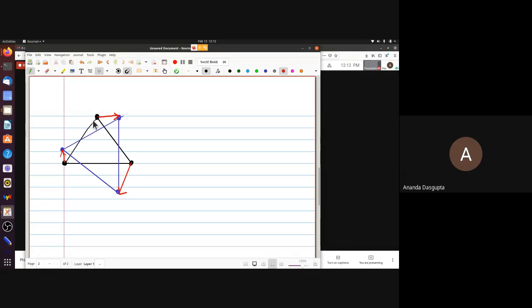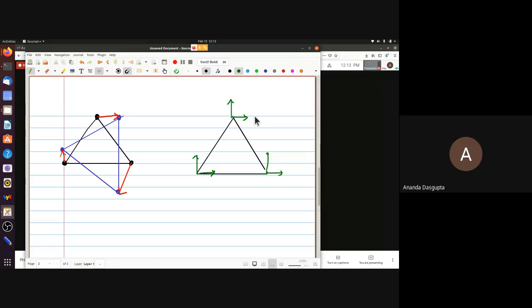Like this corner, the atom in this corner is getting displaced by this much, the atom in this corner is getting displaced by this much, the atom in this corner is getting displaced by this much. And to describe the displacement of each of the atoms, we could of course just use basis vectors here, here, here, here, here and here.